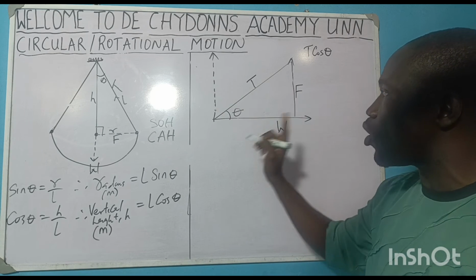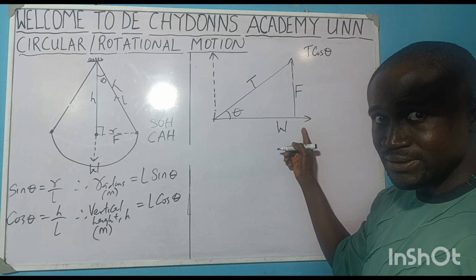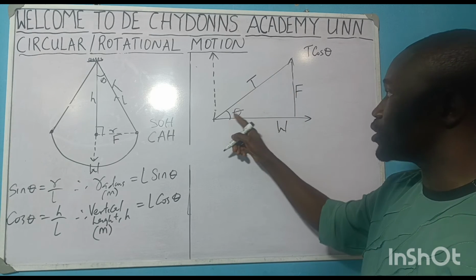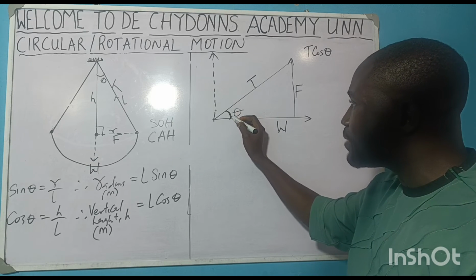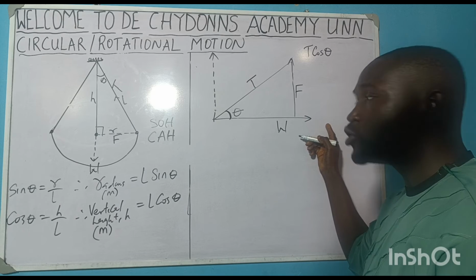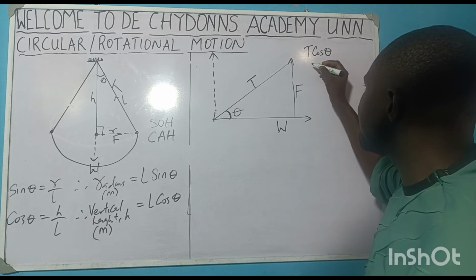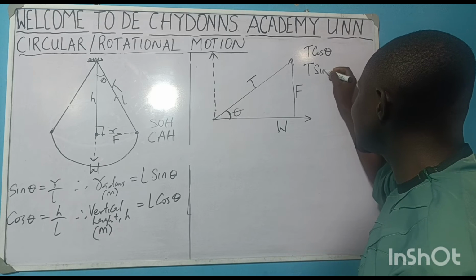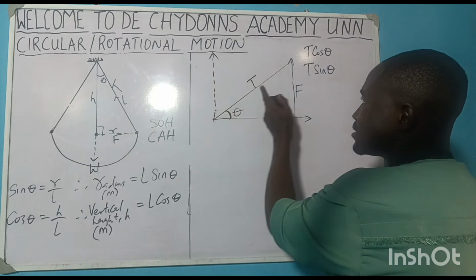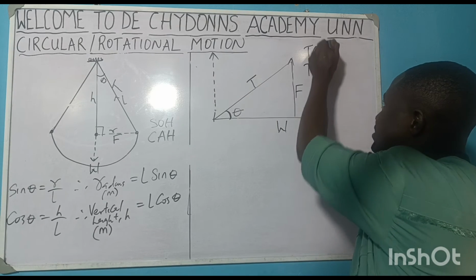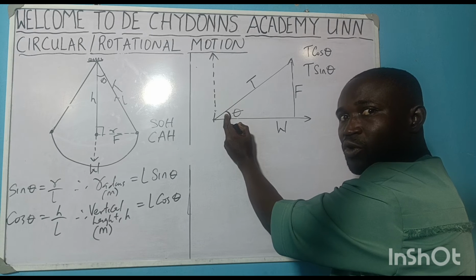I use cos to get the horizontal one. The vertical one will be T sine theta. The only difference between the horizontal and the vertical is cos and sine, but they must make use of the angle it makes with the horizontal.